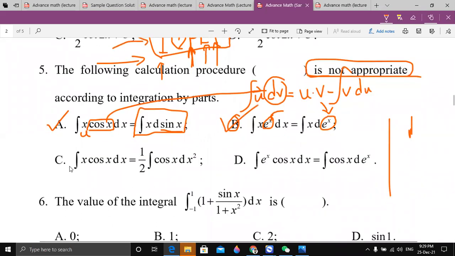And number c, we have integration of x cos x dx. It is written half integration of cos x dx squared.